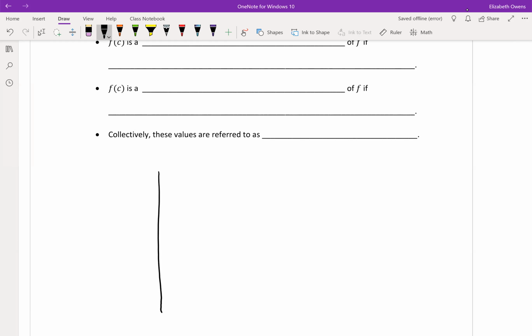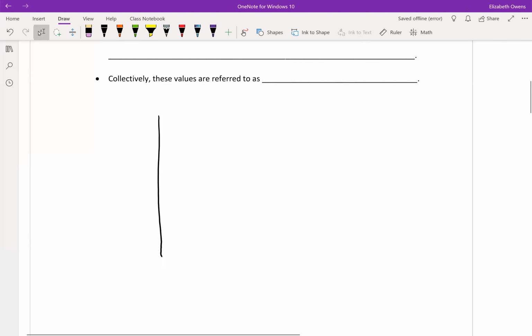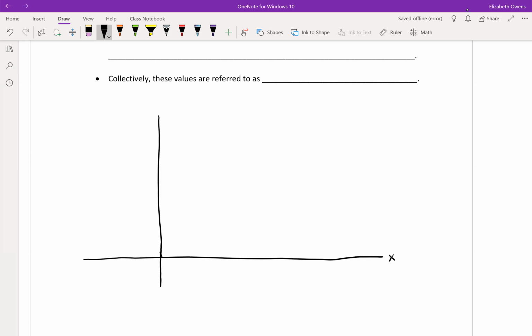Okay. So I'm just going to sketch out here some random function f of x. Okay. So there's x versus f of x. All right. And let's say our function has some sort of horizontal asymptote out towards the ends of its behavior.